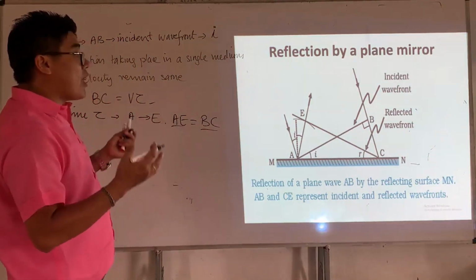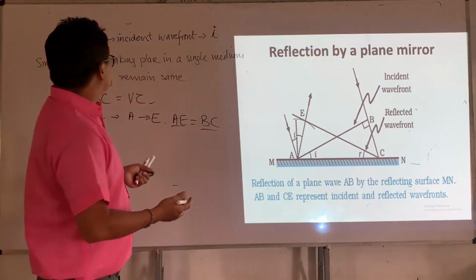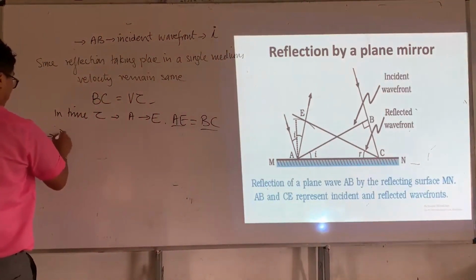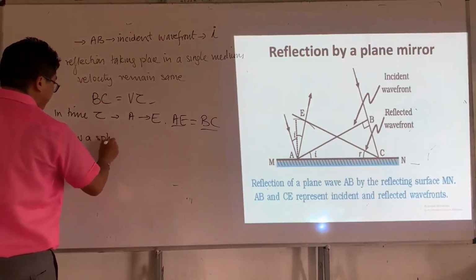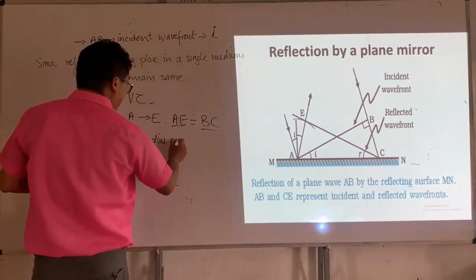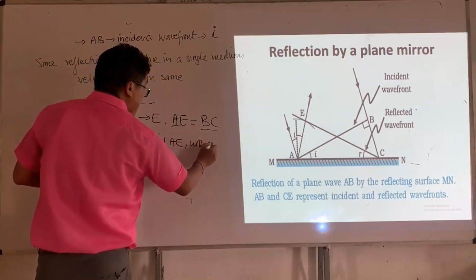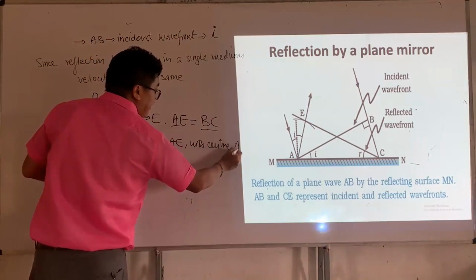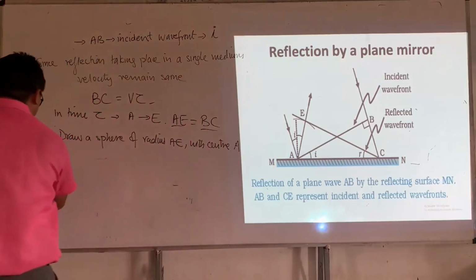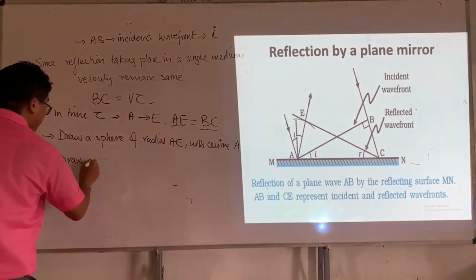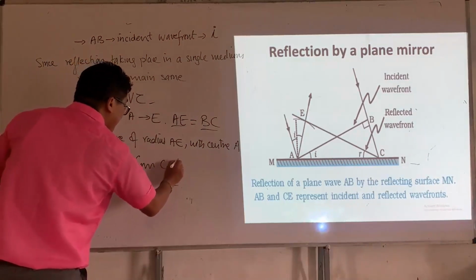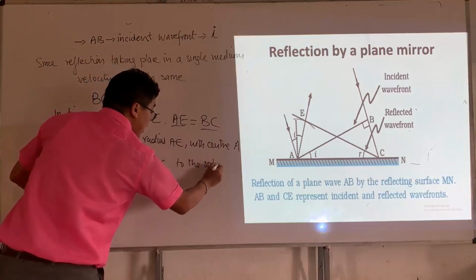Then we are going to construct the reflected wavefront. I draw a sphere of radius AE with center A. Then I draw a tangent from C to the sphere.